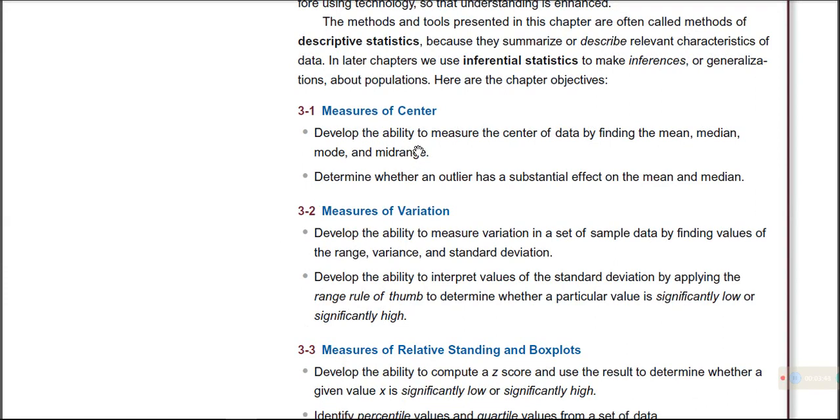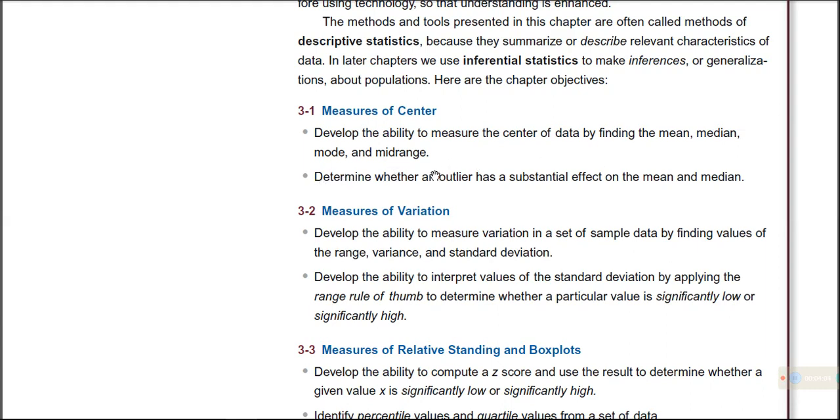You are expected to develop the ability to measure the center of data by finding the mean, median, mode, and mid-range. In the video given in your cumulative review, there is the process of getting the mean, median, and mode, manually and by use of Excel.